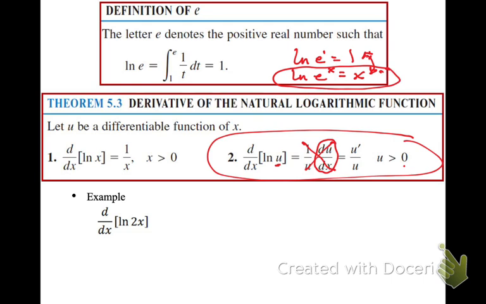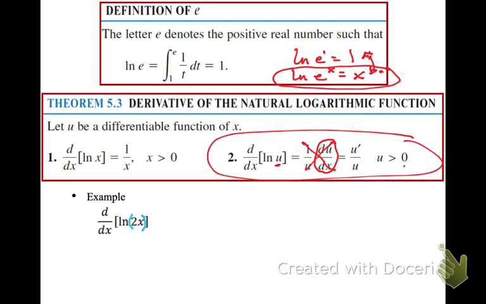Okay. So, again, you have to identify u. So, d/dx, which just means the derivative, correct? Okay. d/dx of the natural log of 2x. I would highly suggest putting what you're taking the natural log of in parentheses. I've always suggested that. The book doesn't always do that.